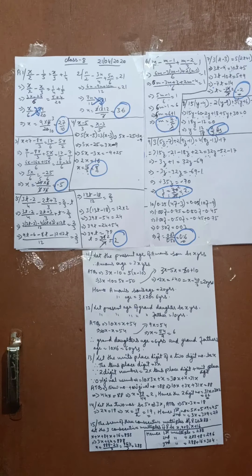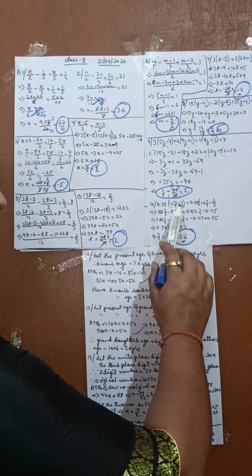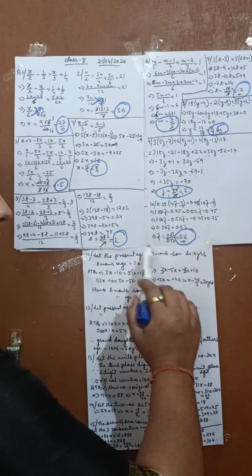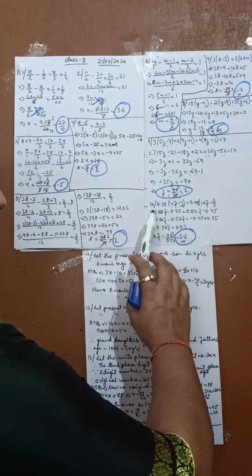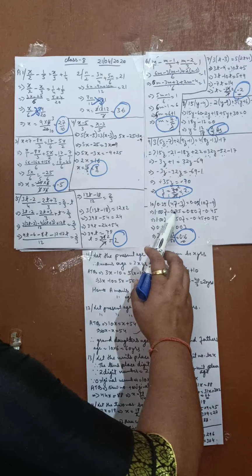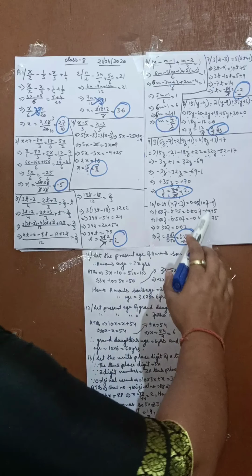Let's move to question number 10. Question number 10 is 0.25 into 4f minus 3 is equal to 0.05 into 10f minus 9. So here also we will open the bracket by multiplying the numbers. So 1.00f minus 0.75 is equal to 0.50f minus 0.45.